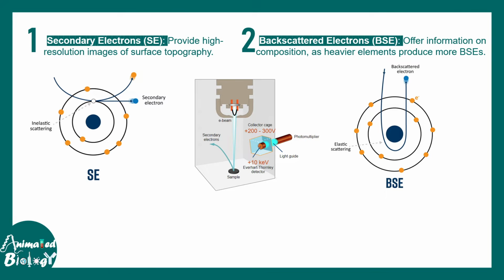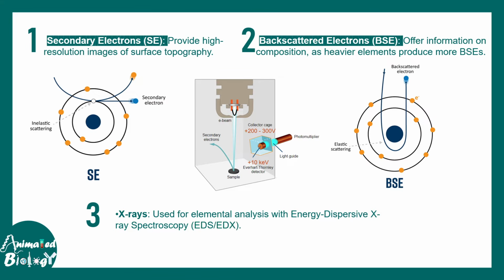They offer information about composition, and by collecting the backscattered electrons, we can have more contrast in the image. Also there are X-rays that are used for elemental analysis with energy dispersive X-ray spectroscopy, but this is beyond the scope of this small video.